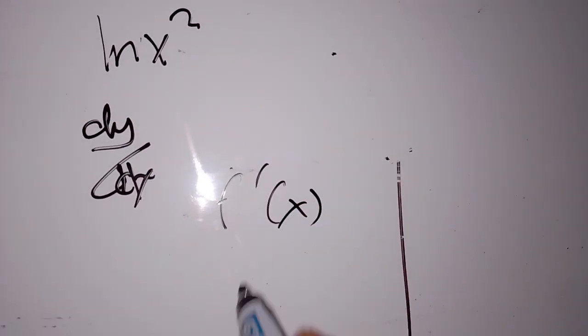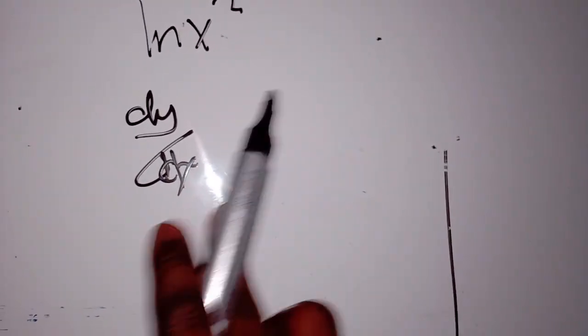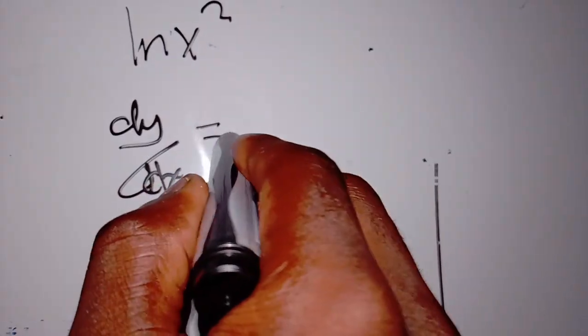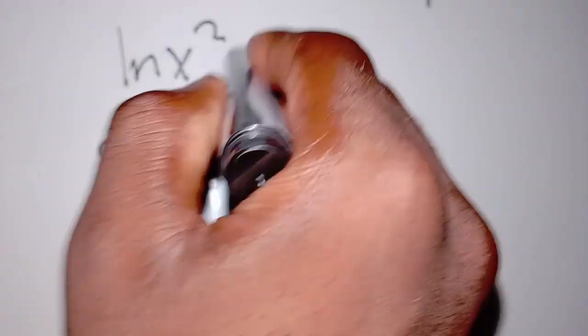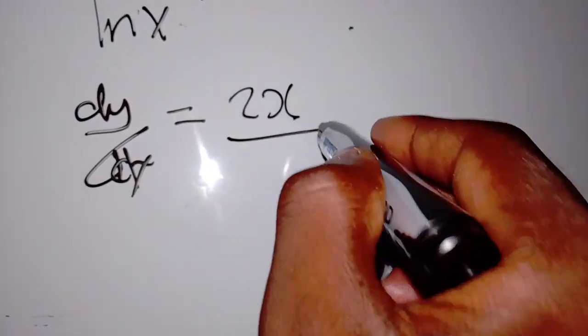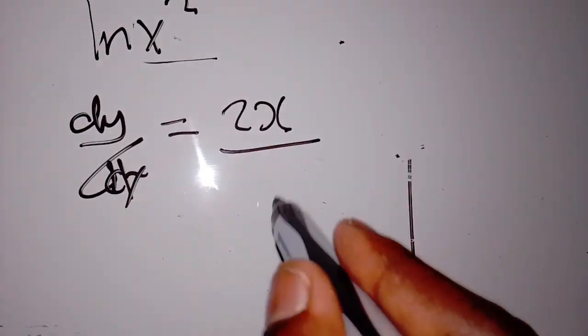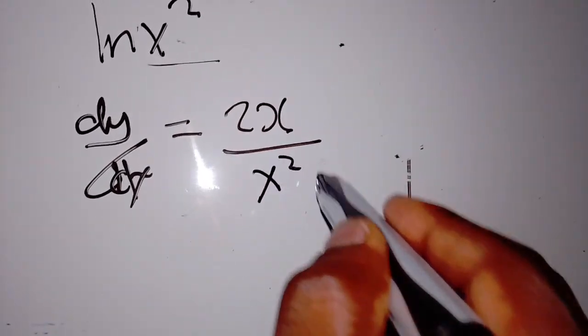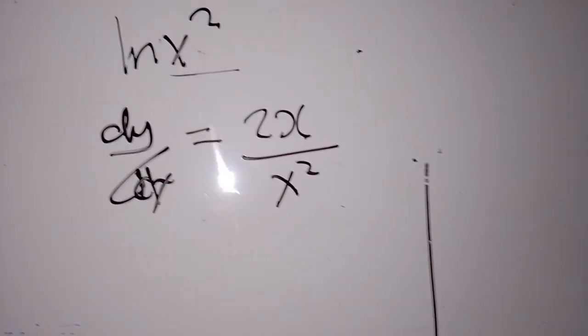If you say a function prime, it means the same: you are differentiating. So dy/dx will be equal to differentiating x to the power 2, which is 2x, over x squared, which you just get without differentiating. That's what we are trying to do.